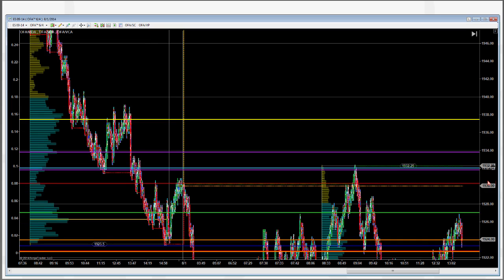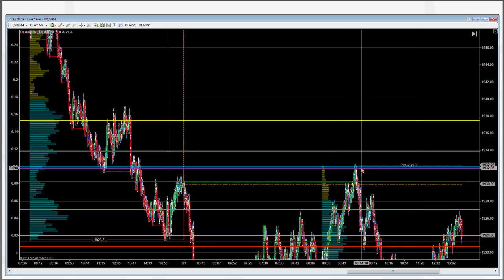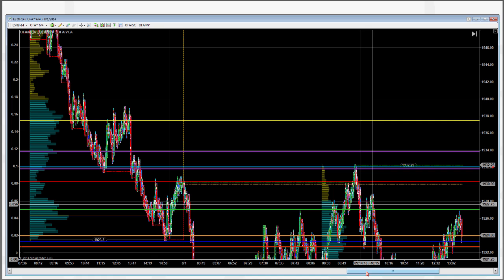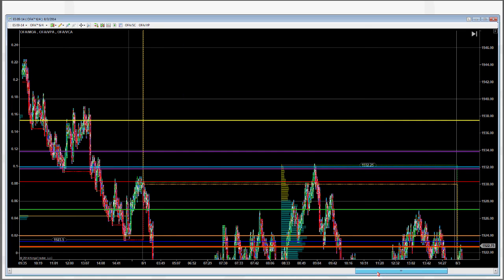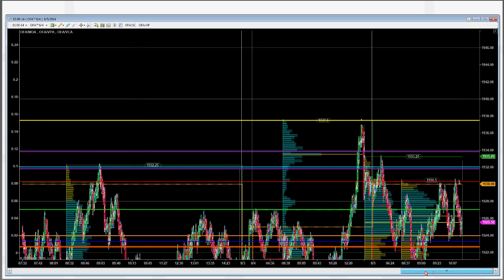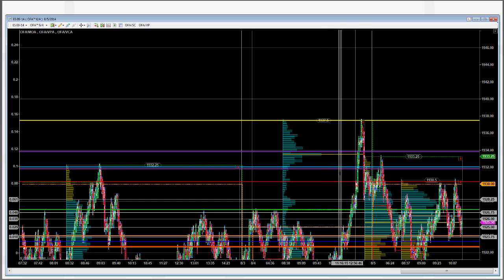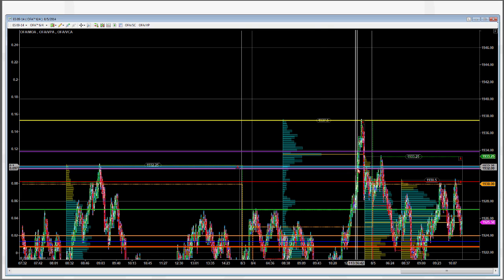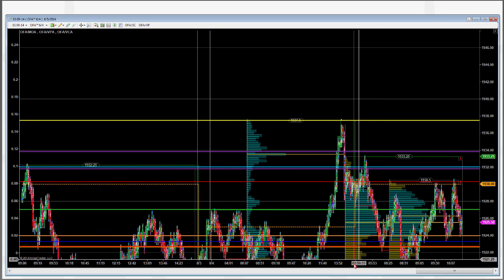For those of you who were listening to me on Friday, I said I was looking for a target of 32. Sellers decided on Friday that it wasn't happening. So yesterday, when price started poking its head above this 26, 27 level, that was exactly where I was expecting price to go, back up to that unfinished area.